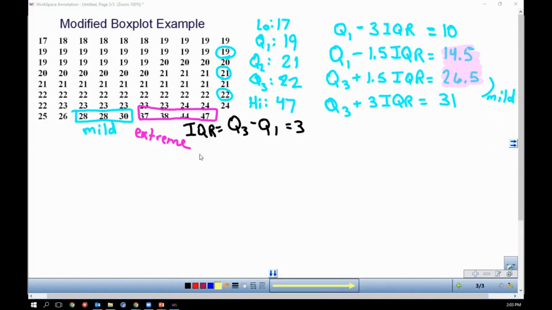And there's no upper or lower mild ones on the low end because it starts at 17. Correct.